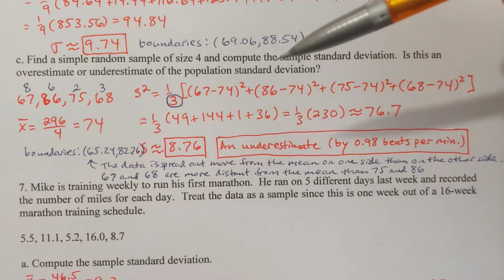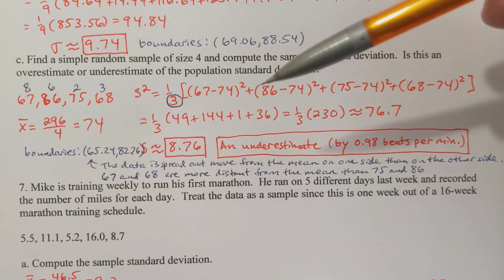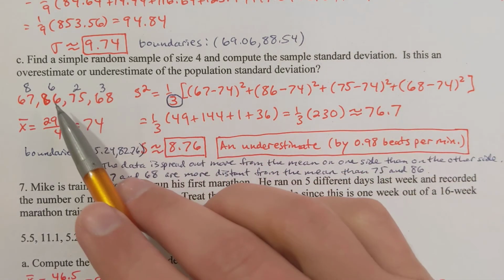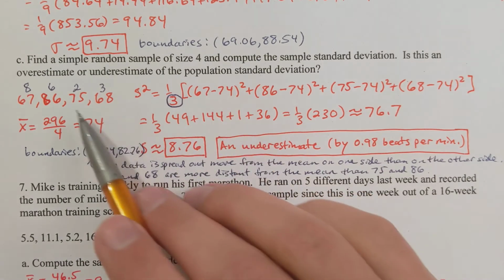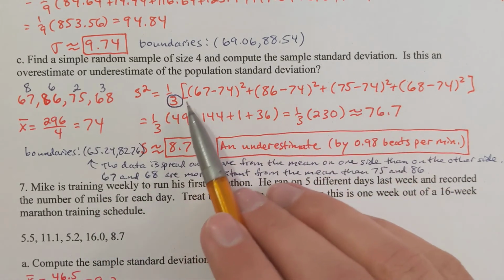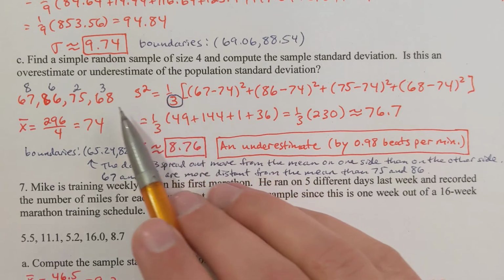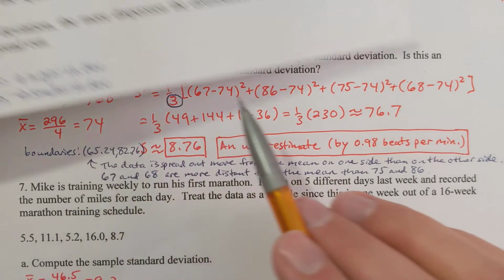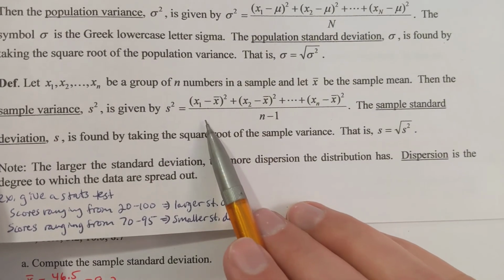Now, the next thing I need to do is get the variance. So I need to take each value minus the mean, squared, and then divide by 3. Why am I dividing by 3 and not 4? Well, it's because of how we define a sample standard deviation.